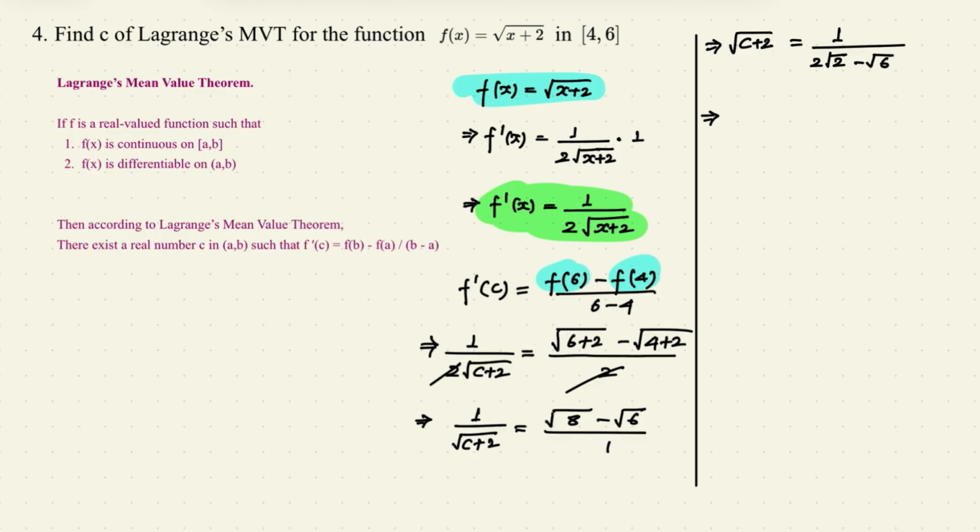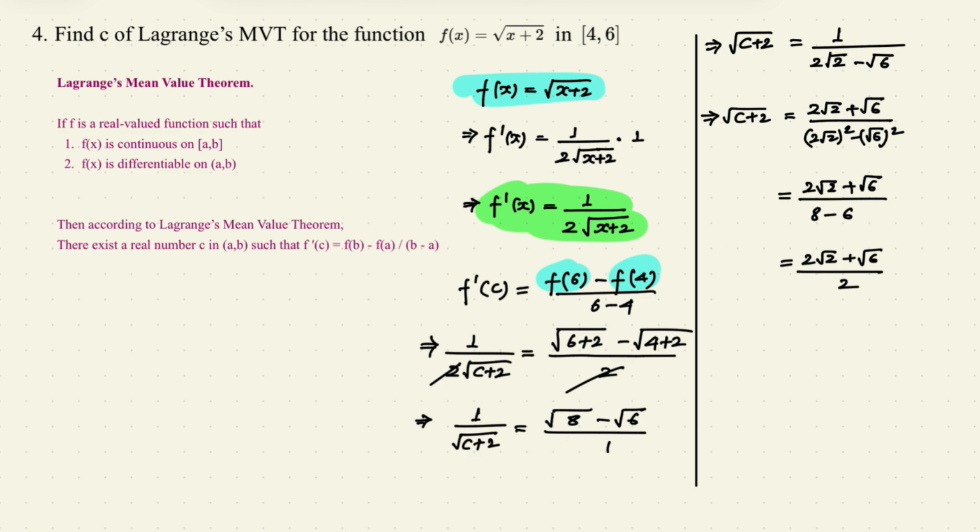Now let us rationalize here, then it will be 2 root 2 plus square root of 6 divided by 2 root 2 whole square minus square root of 6 whole square. So this will be equal to 2 root 2 plus square root of 6 divided by, it will be 4 2s are 8 minus 6, equals 2 root 2 plus root 6 by 2. So this is the value of square root of c plus 2.